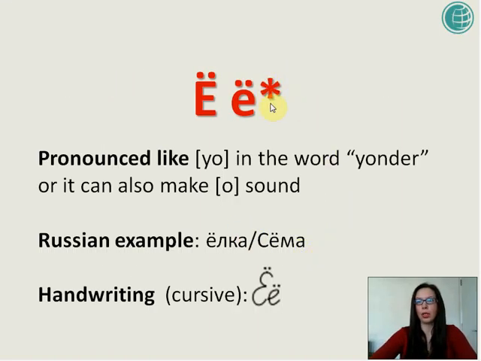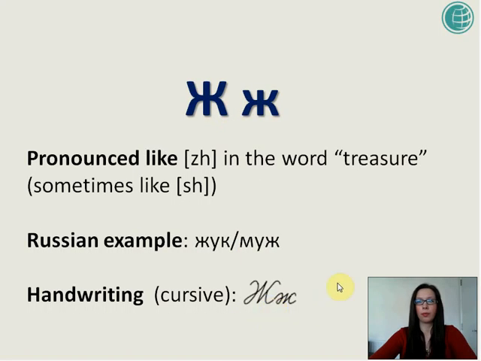I again put a star symbol here because I will explain you more about this letter in our next lesson. It's pronounced like yo in the word yonder, or it can also make o sound. And Russian example, ёлка, which means Christmas tree, and Сёма, it's a name, and the cursive.